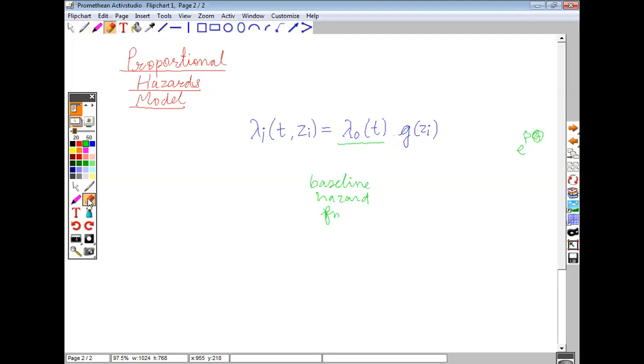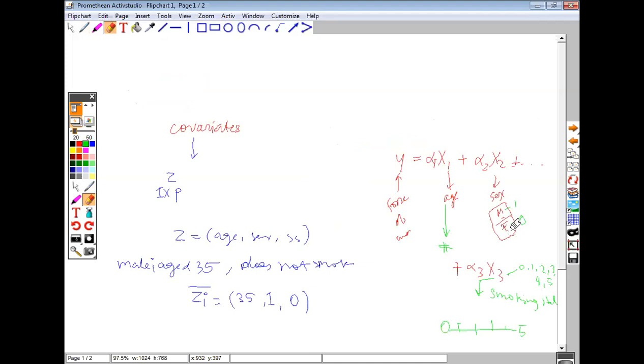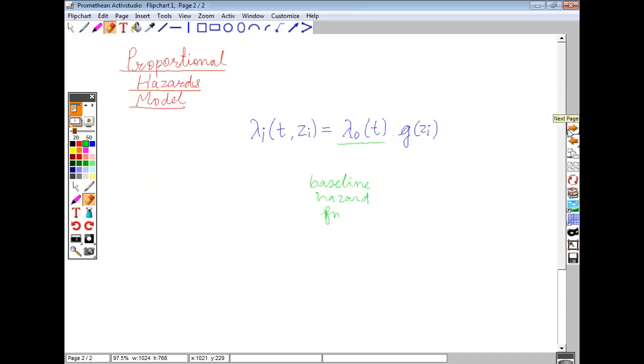So if I'm looking at a person who is female, I know that this is my baseline because I've assigned them a number 0 here, so I won't have anything here. And if I'm looking at a non-smoker, I won't have any number here as well. So you do not get any of these covariates in here. In that kind of model, you are only left with this particular term, because everything that depended on the covariates is not there, as you're considering the baseline.